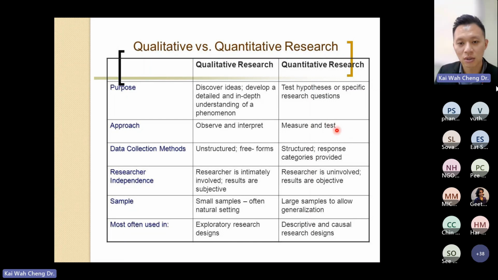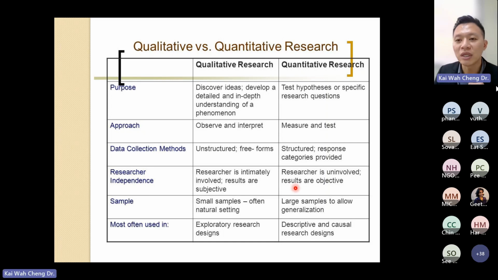Compared to qualitative research, quantitative research is a more structured way to conduct the research because you already have a fixed question list, and you will stick to the list of questions by using a questionnaire, either online or paper-based.